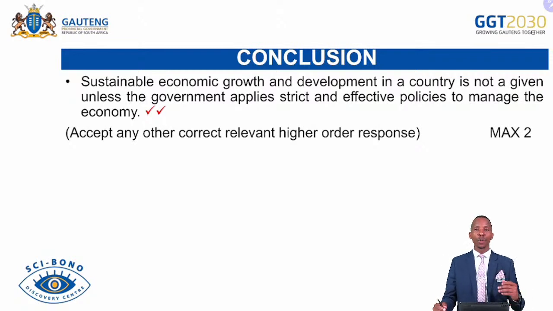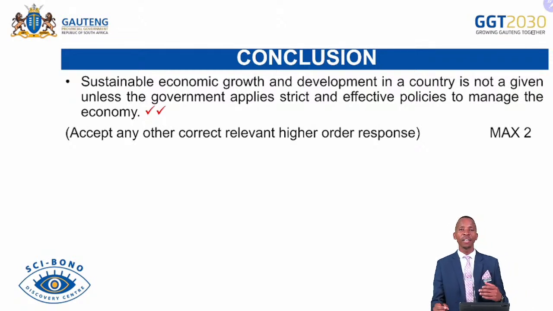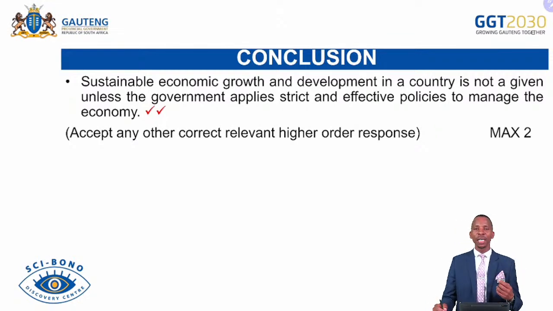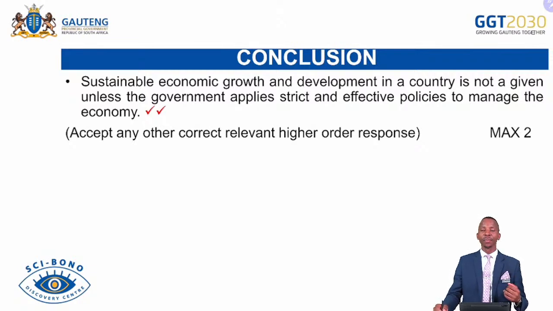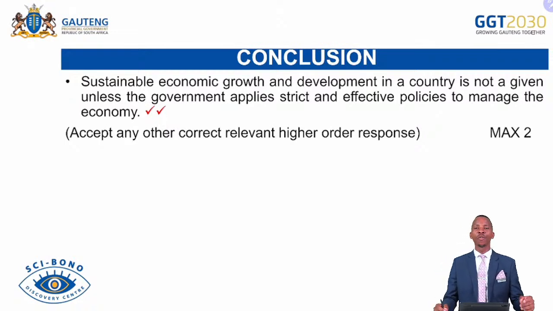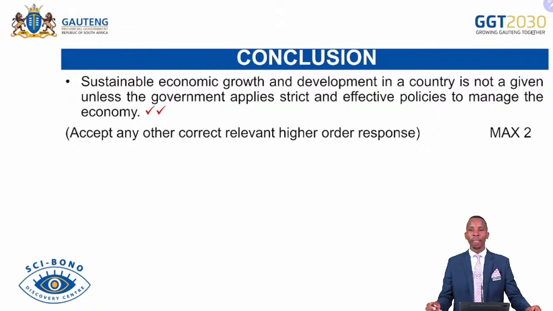We spoke about measures of economic development: life expectancy, income per capita, education level, as well as standard of living. We know that standard of living is well informed by the level of employment and access to basic needs in society.